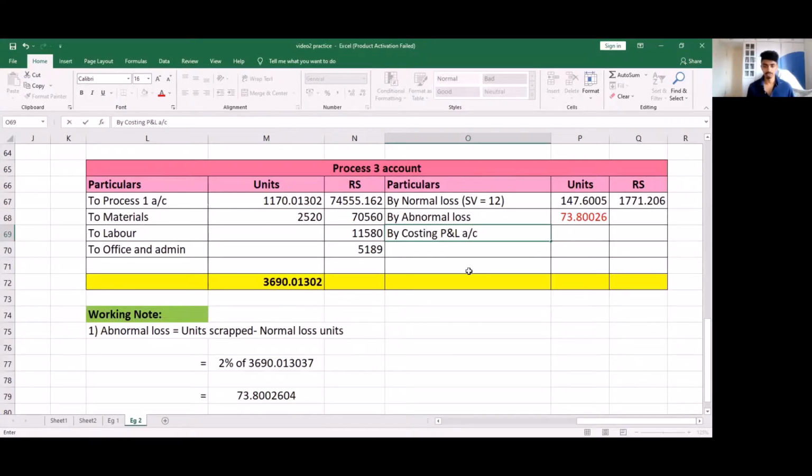So now the difference in units will entirely go in costing P&L. So it's equal to this minus 221.400.